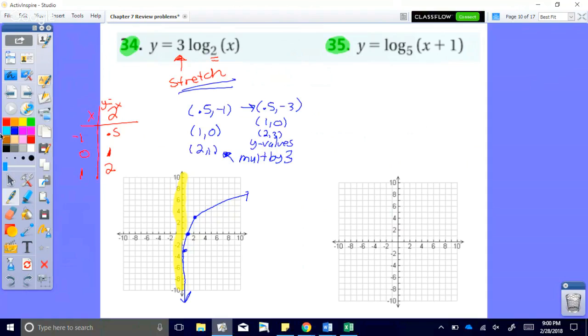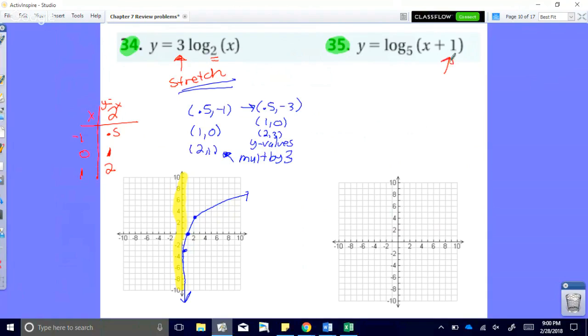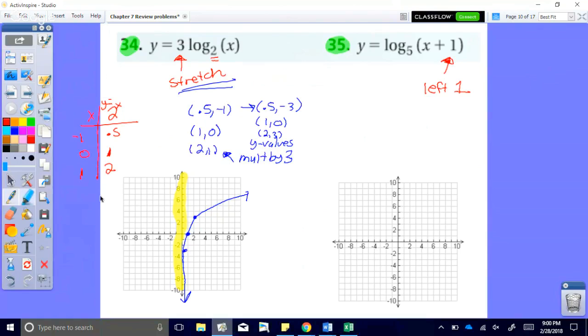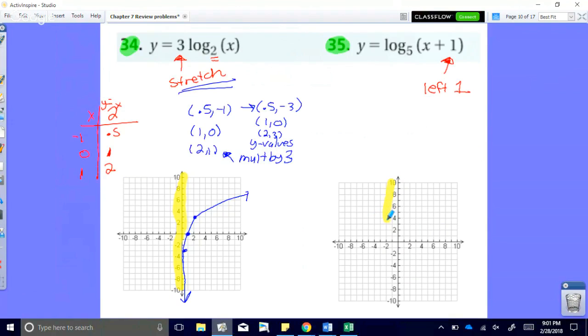The biggest thing you've got to be able to determine are the transformations. So this time there's a +1 on the inside, which tells me this is going to go to the left one. So I'm going to take my asymptote, which is usually the y-axis, and shift it left one.